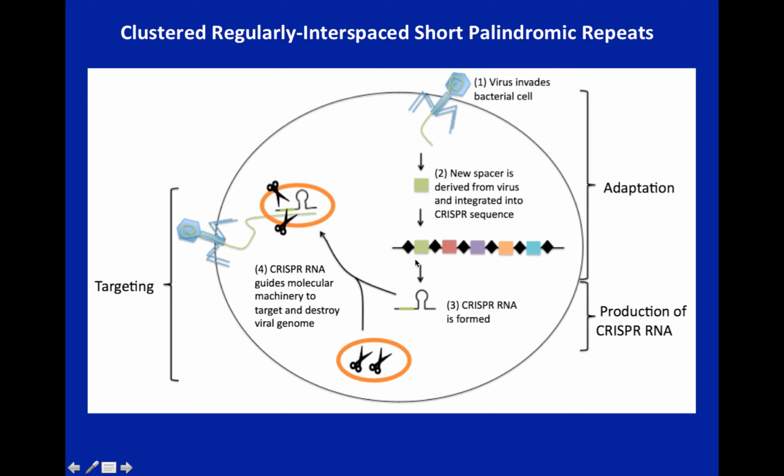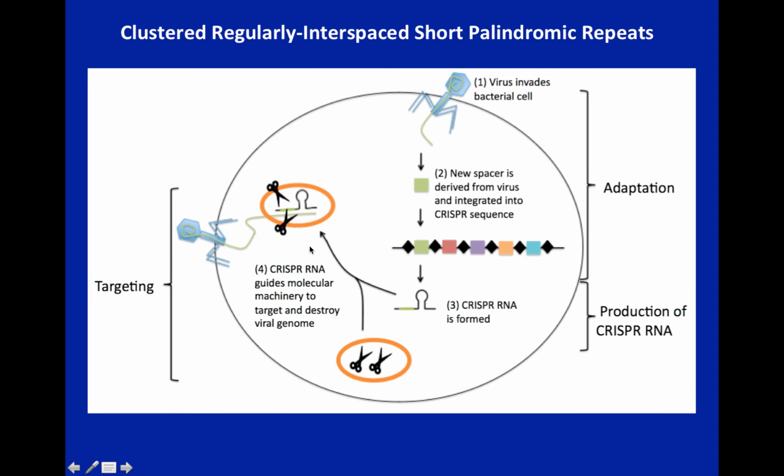bacterial genome. What happens in the case of a viral attack? Well, an RNA is produced from these CRISPR regions, and it forms a hairpin because of the palindrome.